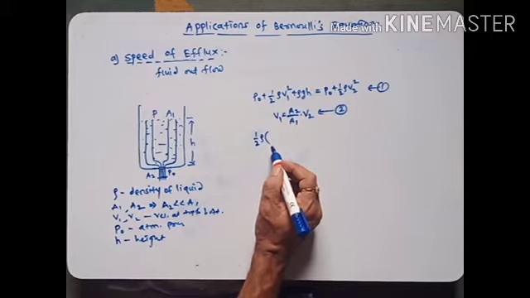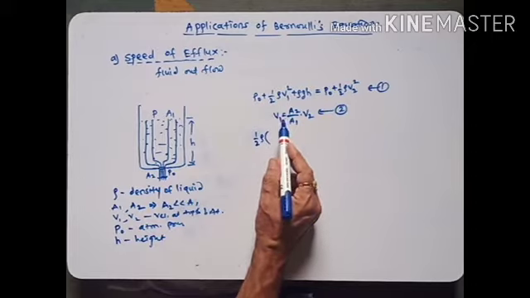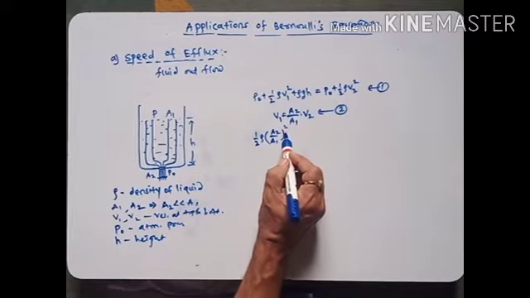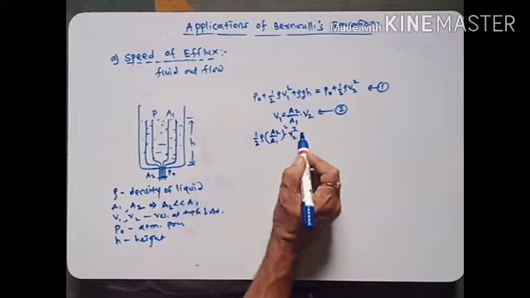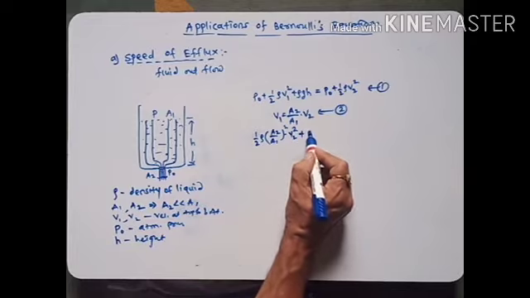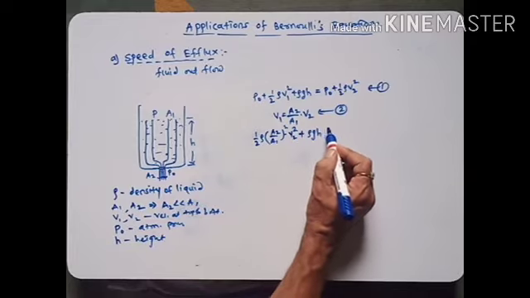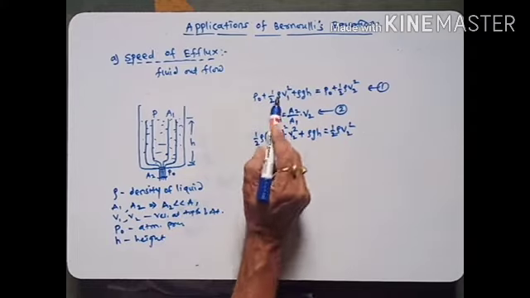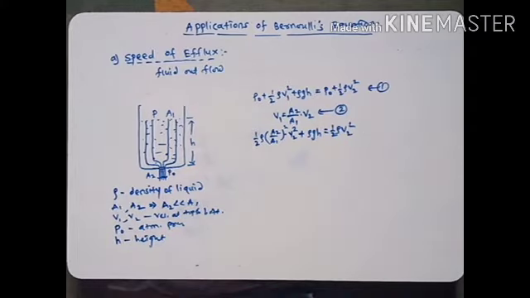half rho (A2 upon A1) whole square into V2 square plus rho GH is equal to half rho V2 square. P0 cancels on both sides.